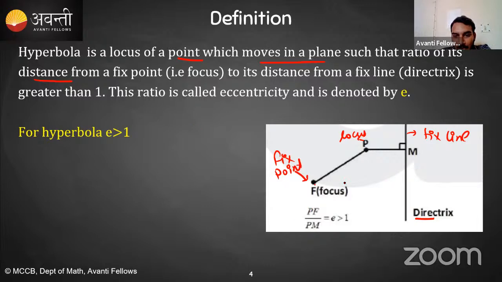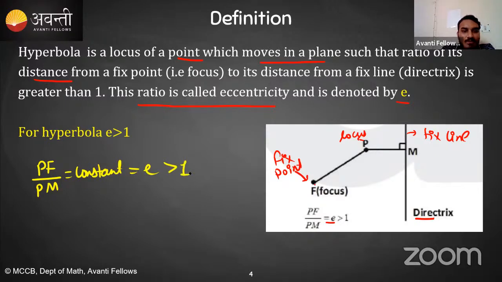Meaning PF upon PM is equal to e, the ratio is constant and that constant is greater than 1. Is this clear? The ratio is called eccentricity and it is denoted by e. That constant is known as e, which is greater than 1.